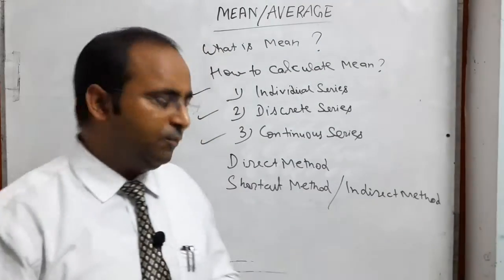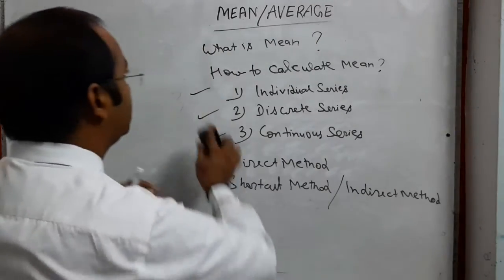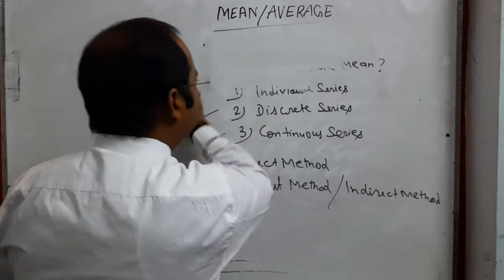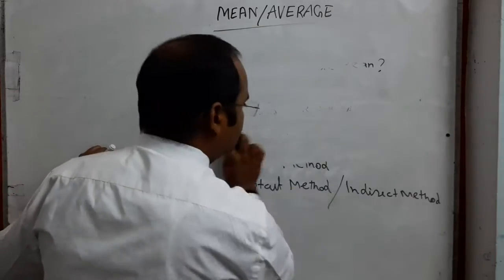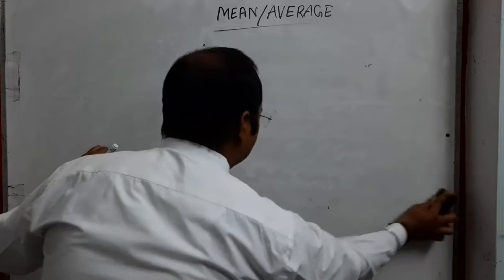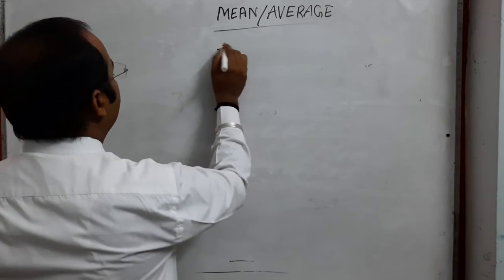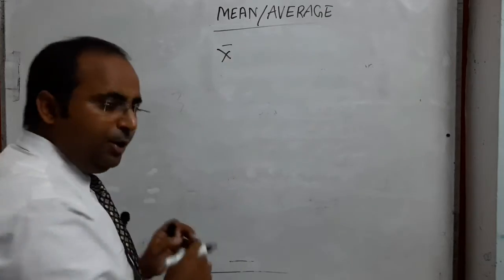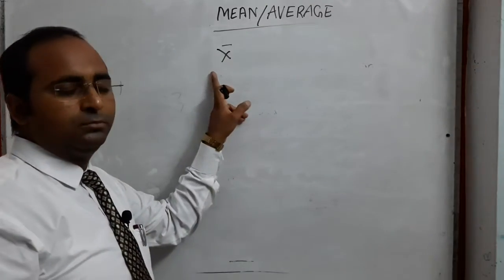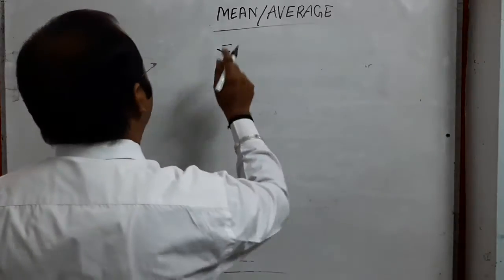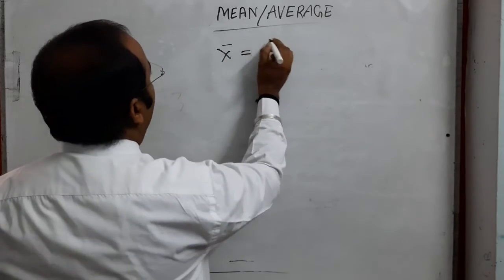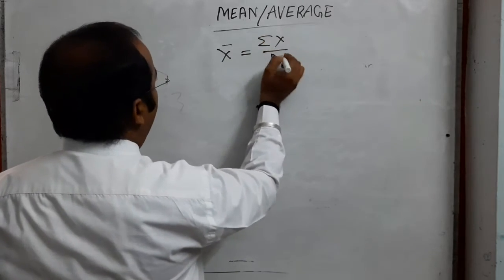Okay, now see the formula. The formula is given: x bar, the mean, is denoted by this x bar, equals sigma x upon n.